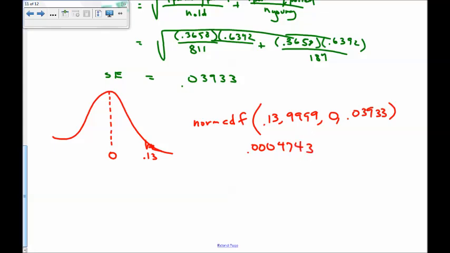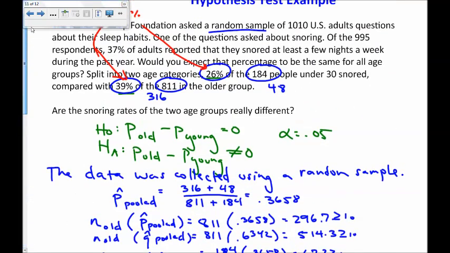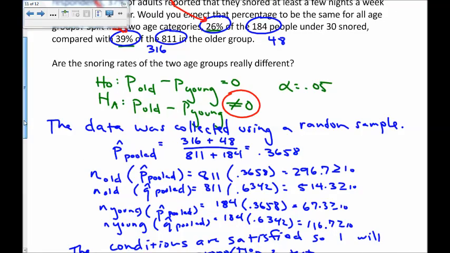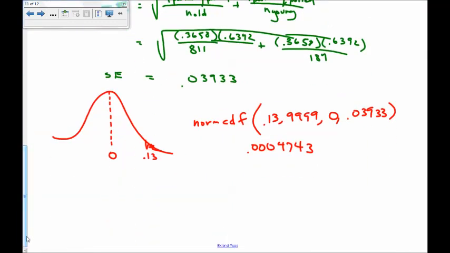Now let me remind you, this is important: my alternative hypothesis was not equal to 0, which means it's a two-sided test. I must take this p-value and multiply by 2 because I have two sides to deal with. Times 2, and I get 0.0009486. And that is my p-value.